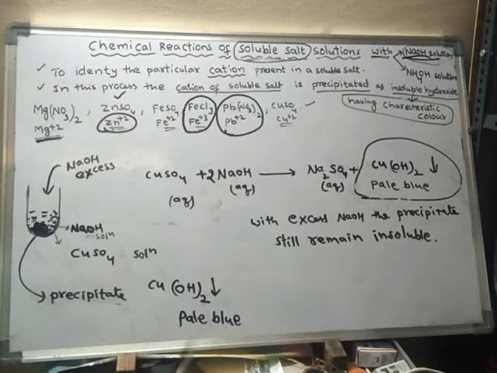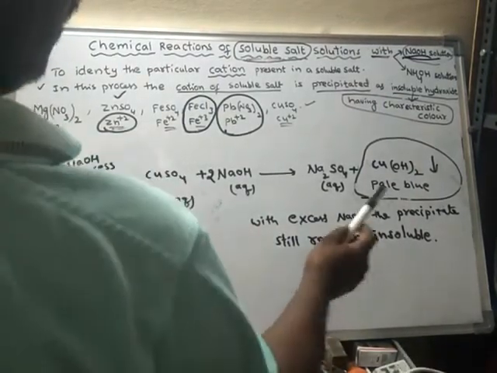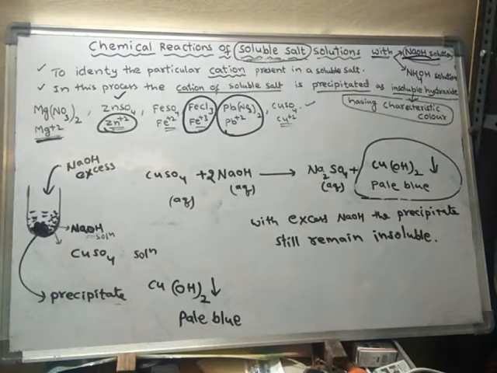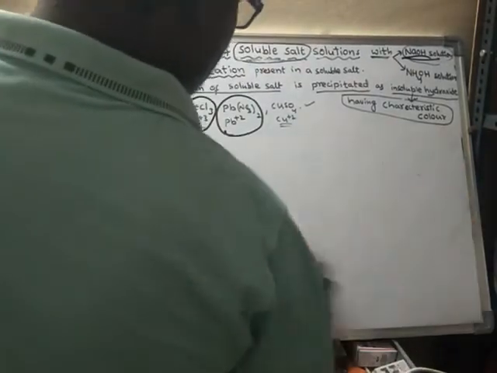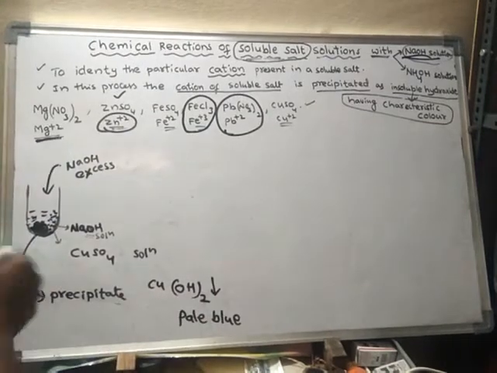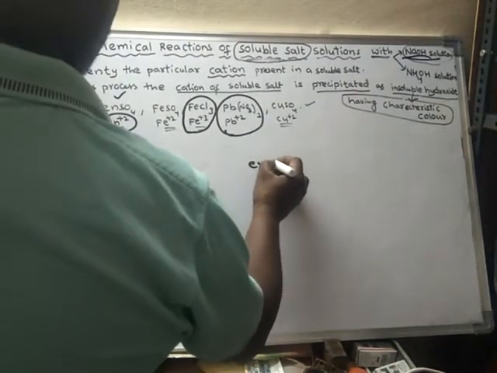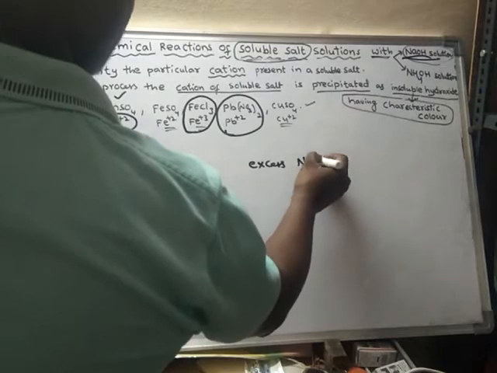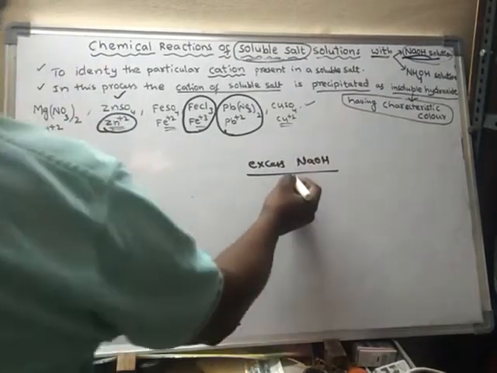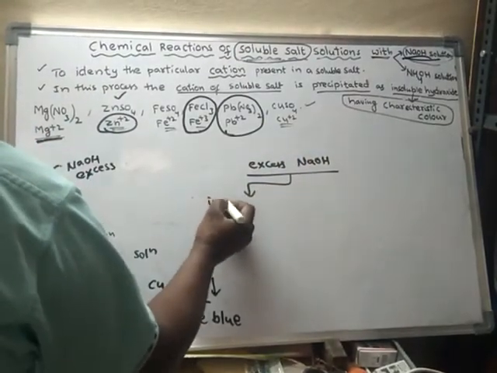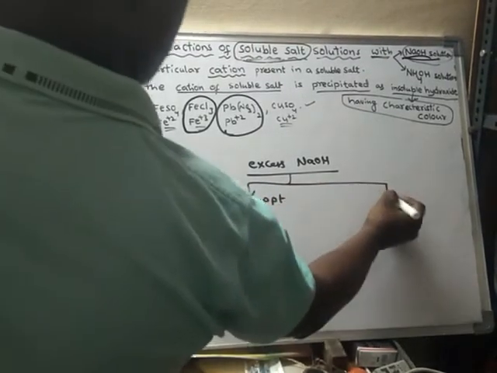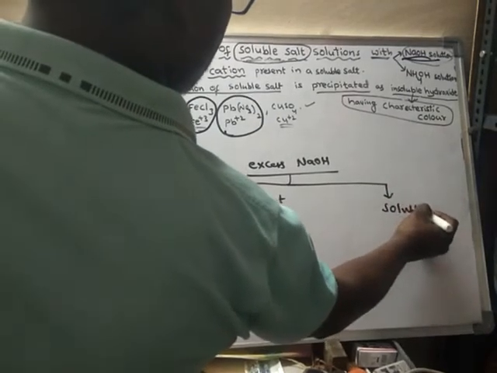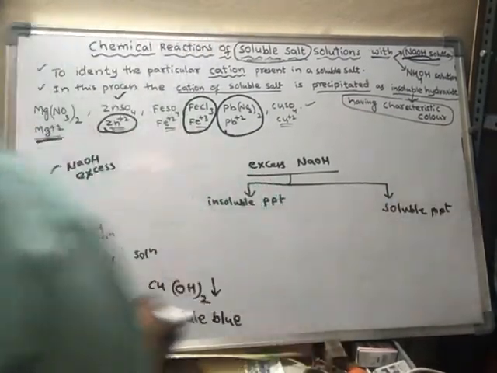Even with excess NaOH, some precipitates are soluble and some are insoluble. Now we will learn which precipitates are soluble and which are insoluble in excess NaOH.